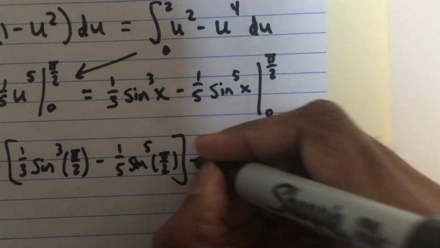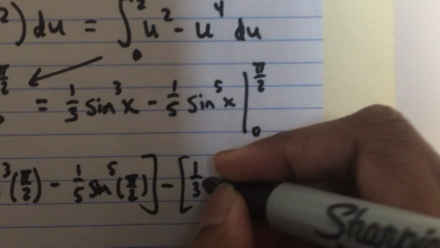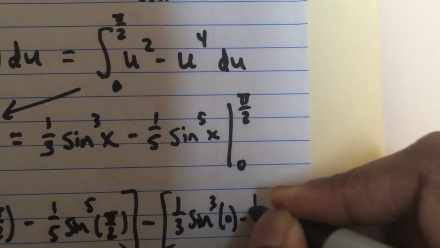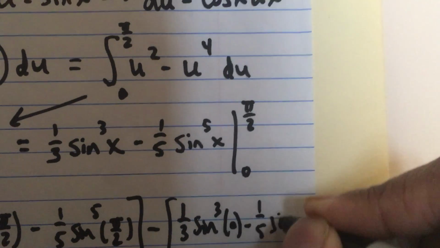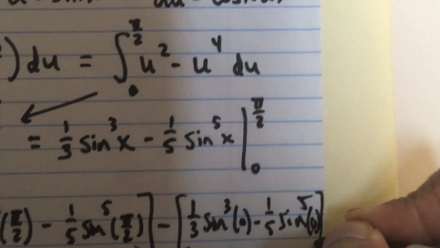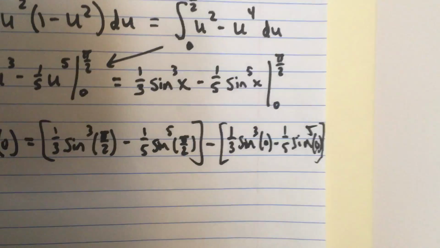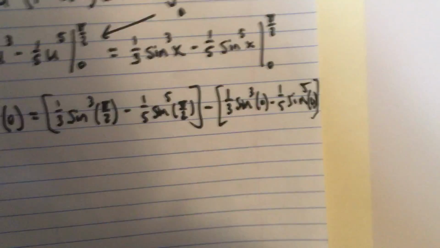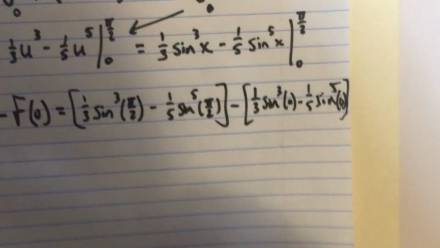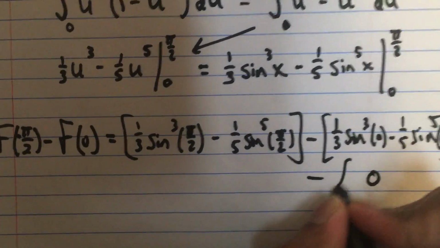Then I'm going to subtract 1/3 sine cubed of 0 minus 1/5 sine of 0 to the 5th. Notice that sine 0 is 0. So sine 0 at any power is going to give you 0.